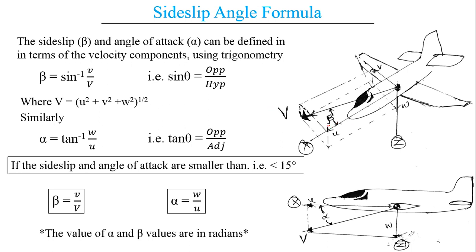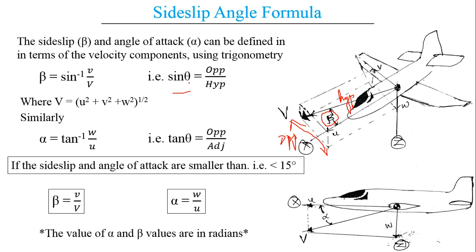So here we are interested to calculate the beta angle. From the trigonometry formula, sine theta is the ratio of the opposite side and the hypotenuse. So this is the hypotenuse, and this is the opposite side. If we know the values of both, we can easily find out the beta.